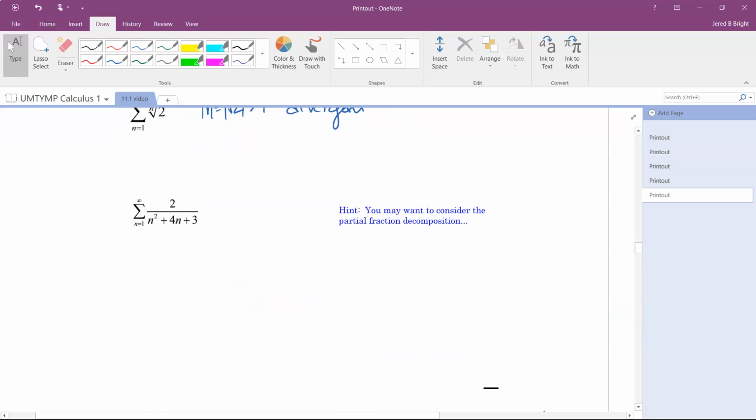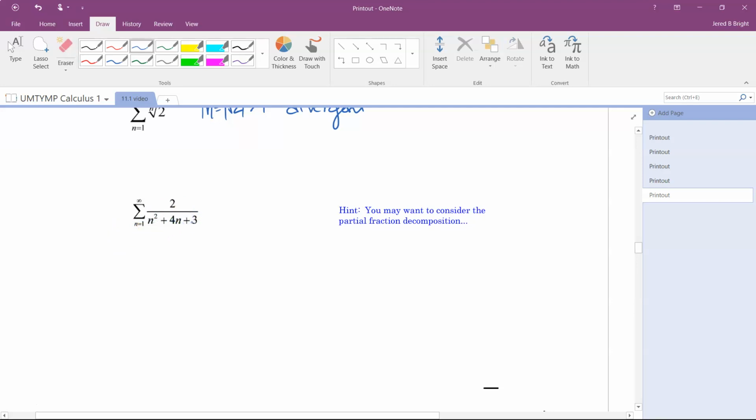Now, for this next one, I kind of want to talk about this. We see this thing, and we're like, oh my goodness, it's probably going to be convergent, right? Because it's 2 over n squared, and the sequence is going to be convergent. What about the partial sums? I don't know. So here's what we need to do with this one. If we are careful, we recognize that the denominator is going to factor.